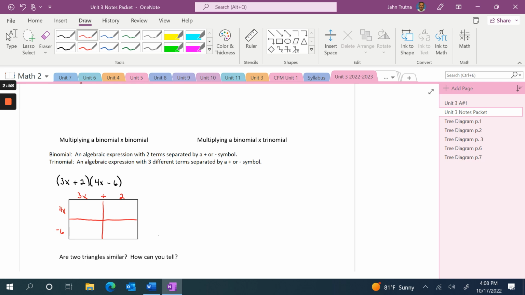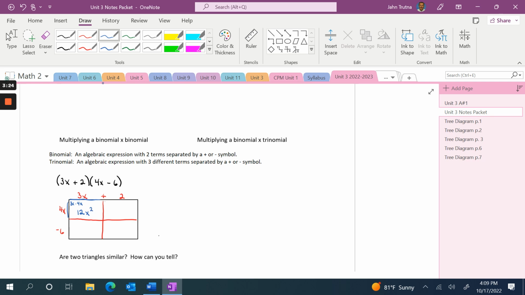So we create four individual rectangles, and then we're always going to fill in the inside of each individual rectangle by always multiplying the top with the side. So this top left rectangle, we're going to multiply 3x with 4x. That becomes 12x squared. So the area of the top left rectangle is 12x squared.